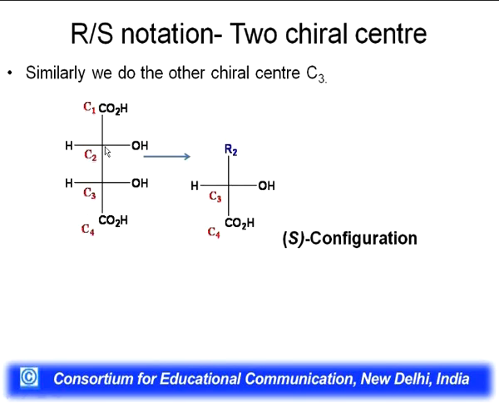The first chiral carbon C2 is R and C3 is S, and when I draw a plane of symmetry in between, I would note that the R is a mirror image of S. So, when you were having 2-butanol, there were 2 enantiomers, one was R, the other was S, one chiral center R, the other enantiomer S. In this case, because I am having the mirror image relationship within the molecule, I am having C2 as R and C3 as S. So, this is all about what I have tried to correlate to you about the CIP rules and the RS configuration. Thank you very much.